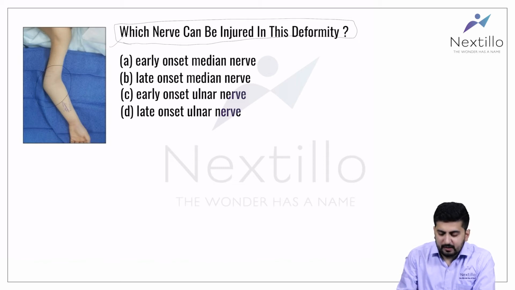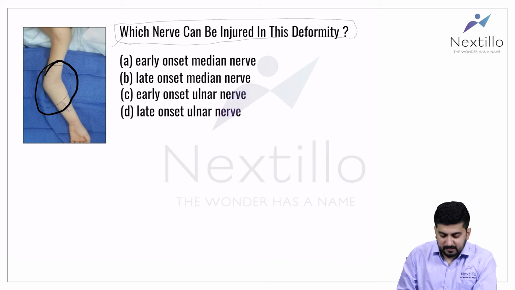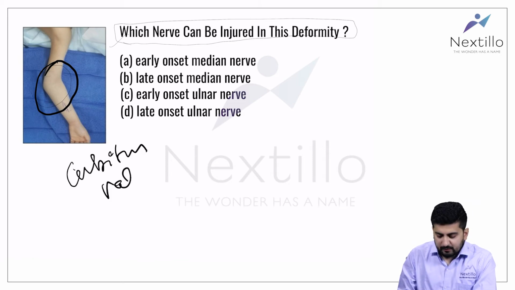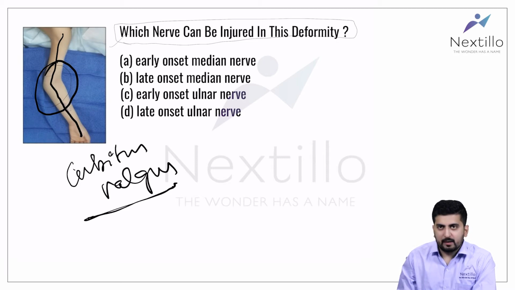Now, if you see here, this deformity, the first thing is to identify what deformity this is. So this is a cubitus valgus deformity because the carrying angle of the forearm with respect to the arm is increased in a valgoid manner.